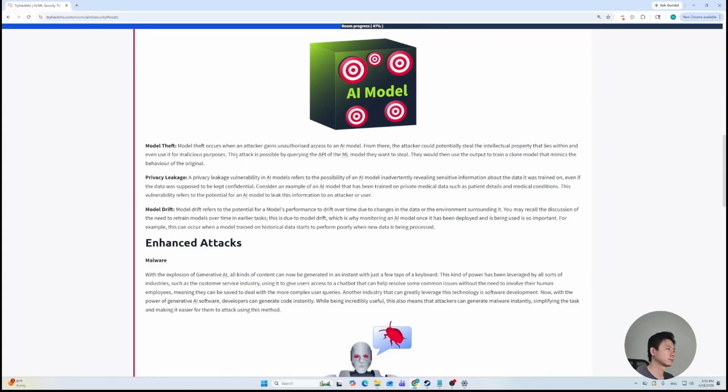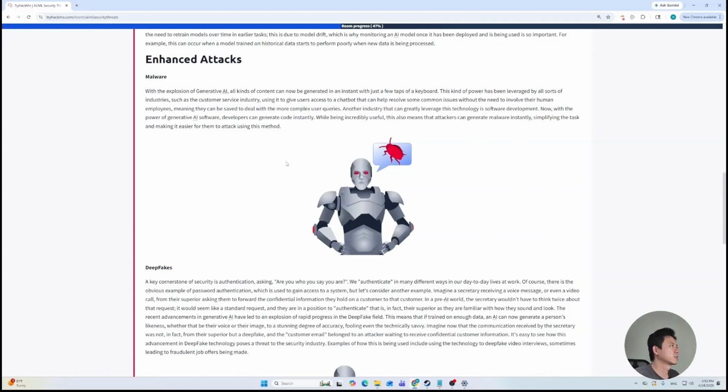Enhanced attacks. Malware. With the explosion of generative AI, all kinds of content can now be generated in an instant with just a few taps of the keyboard. This kind of power has been leveraged by all sorts of industries, such as the customer service industry, using it to give users access to a chatbot that can help resolve some common issues without the need to involve human employees, meaning they can be saved to deal with the more complex user queries.